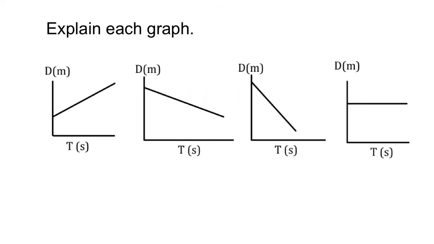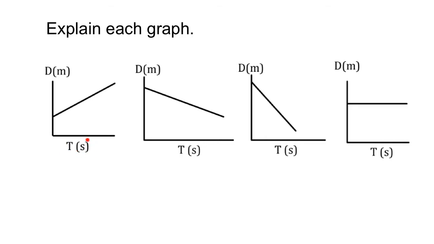Okay, here's my first example. So here I have D and T on each graph, and D is measured in meters, T is measured in seconds. So D represents distance, T represents time. If you recall from the last lesson, we had the independent variable on the x-axis and the dependent variable on the y-axis.